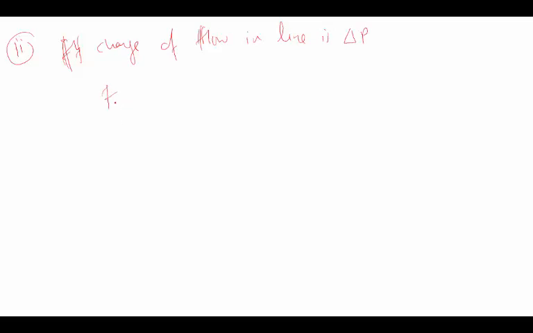So for system A, it is negative delta P over KA, equal to negative delta F, right?